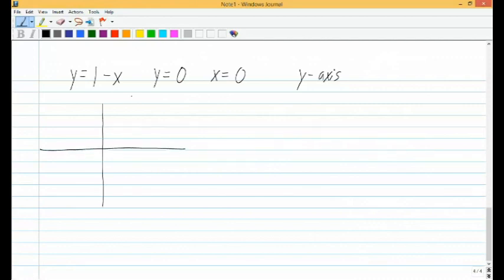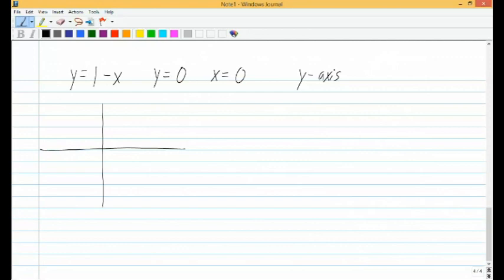Alright, so first we need to graph y equals 1 minus x. Since that is a linear equation, you can see that the slope of the line is going to be -1 and the y-intercept is going to be +1. You could use that, or you can use the x and y intercepts like we used on the last problem.